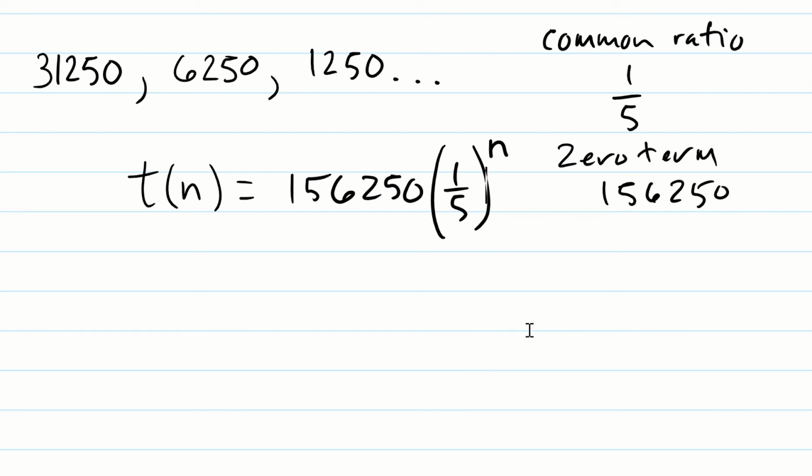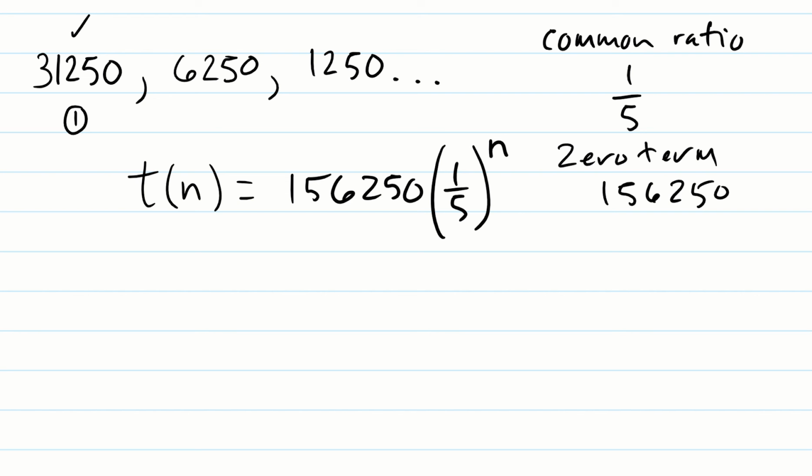And just take a minute to appreciate how well this does exactly what it needs to do. This is the term before any terms in the sequence. It's the 0th term. But if n is the number 1, then I would find the first term. If I put a 1 in there, that's 156,250 times 1/5, which gives me exactly this number.